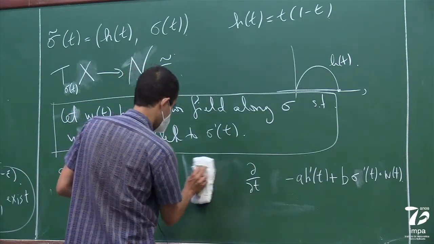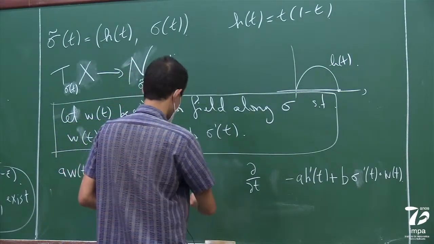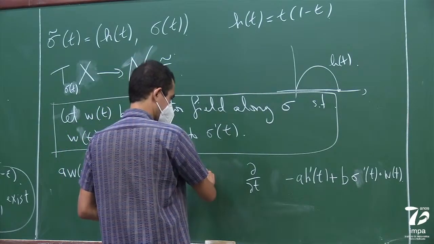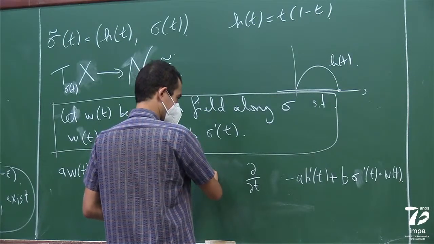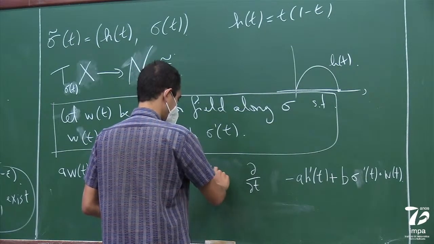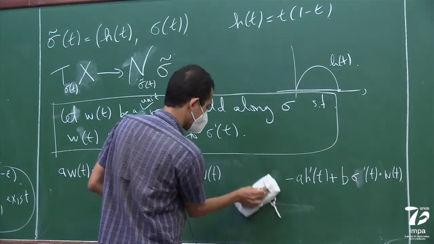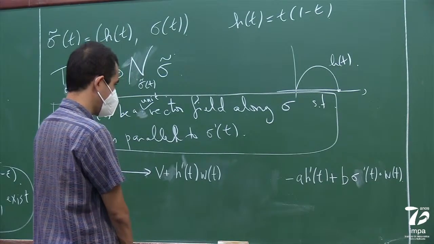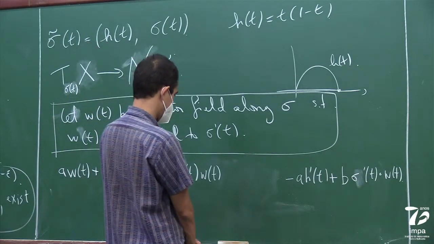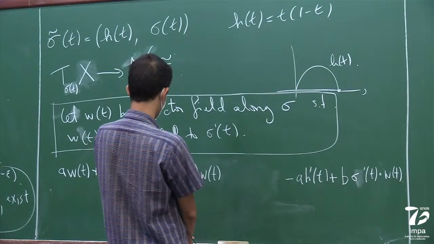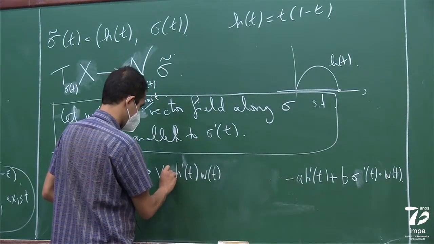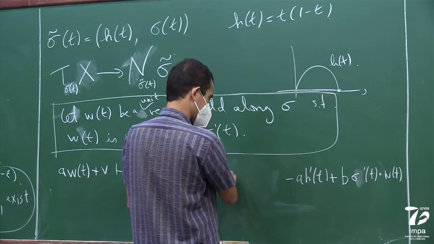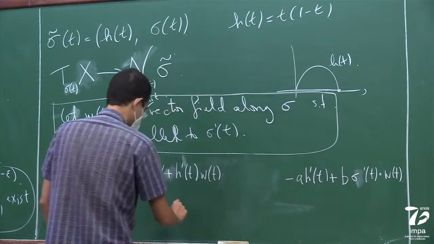So I think you want to do H prime times W of T here, and then the A will be sort of... okay, so let me write the thing again.